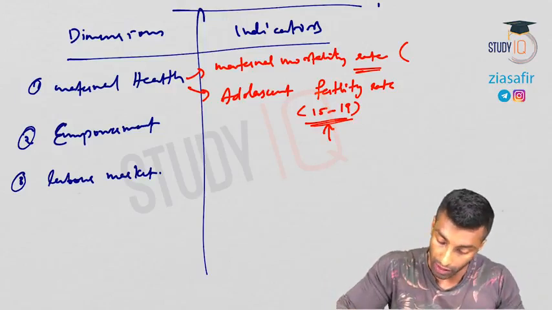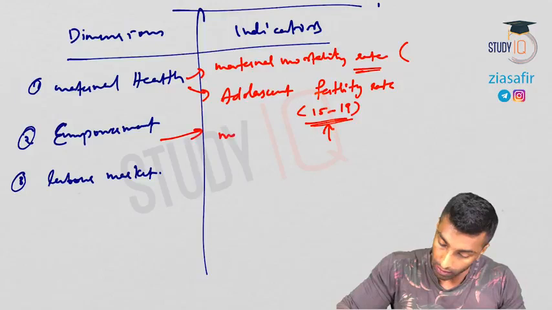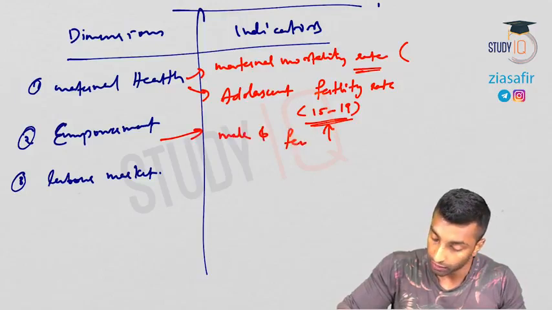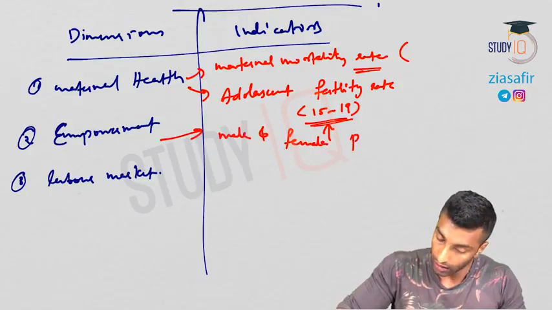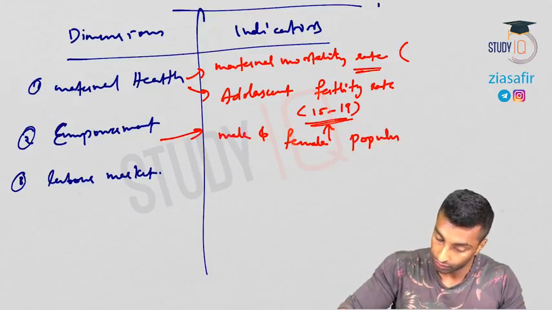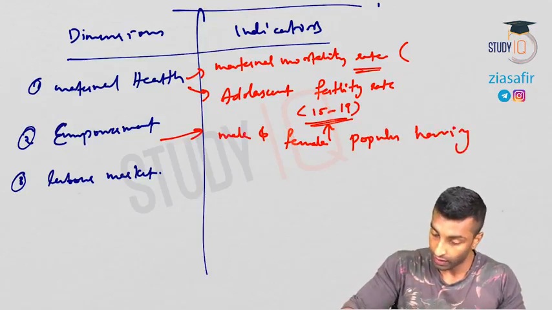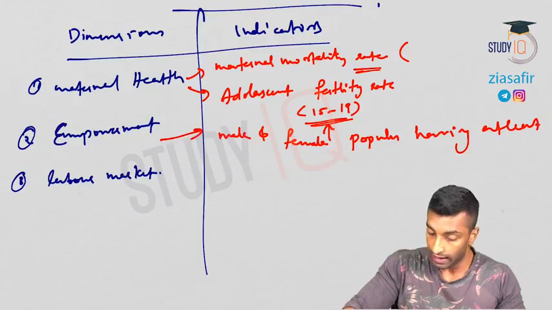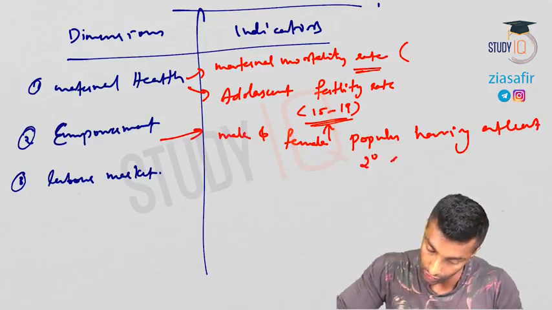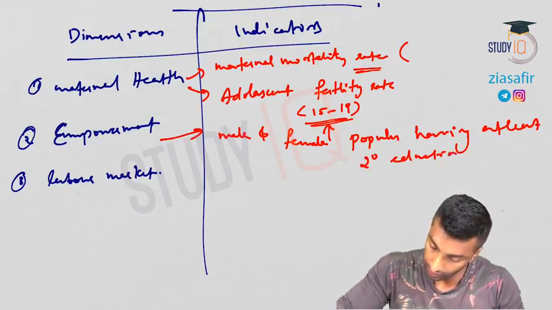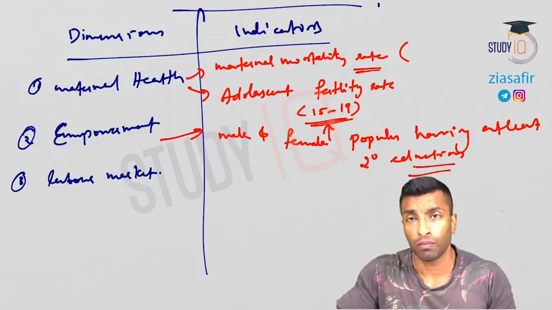And in case of empowerment also there are 2. One is male and female population having at least secondary education. That means up to +2.